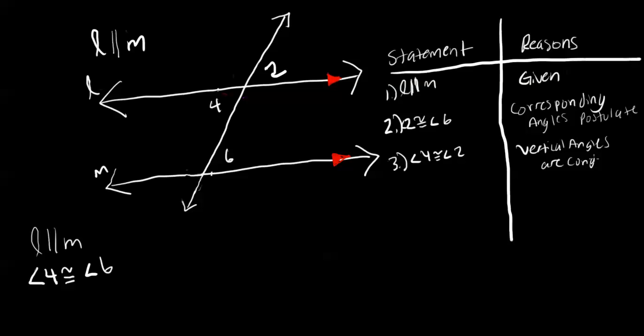Now that we've proved that angle 2 is congruent to angle 6, and angle 2 is also congruent to angle 4, we can use the transitive property of congruence to say that angle 4 is congruent to angle 6. And this proves the alternate interior angles theorem.